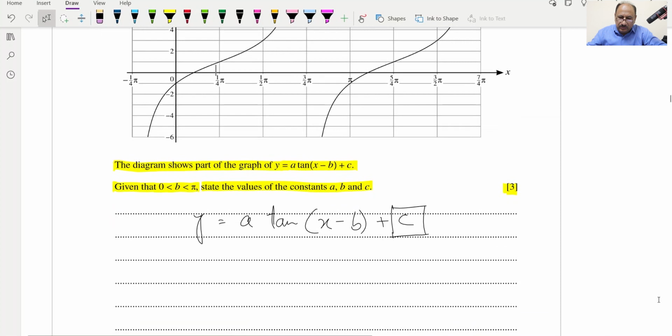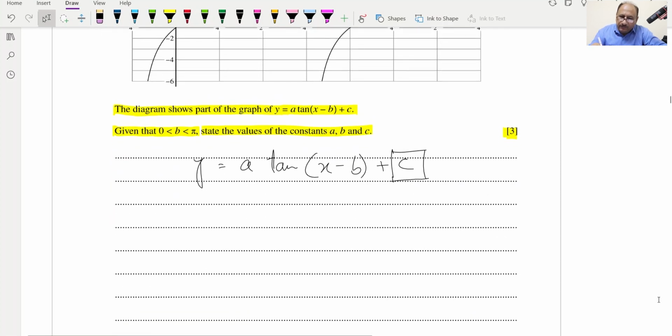So we can write: transformed up by 1 unit. So the c value will be equal to 1. So c is equal to 1.